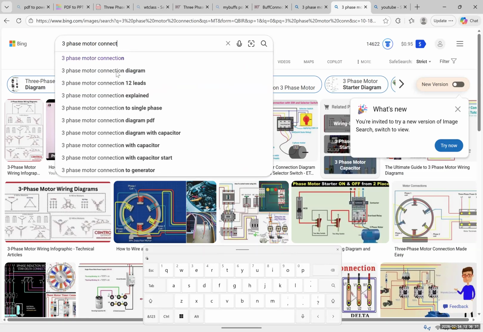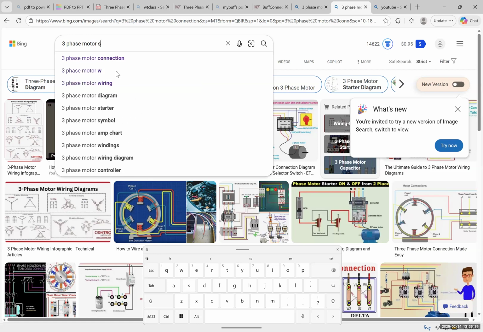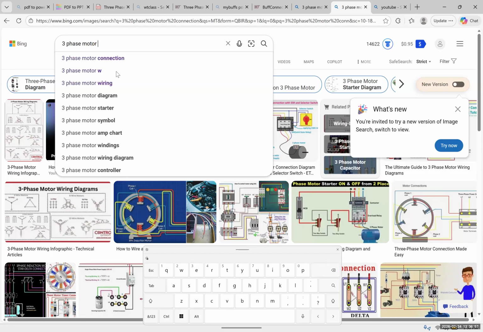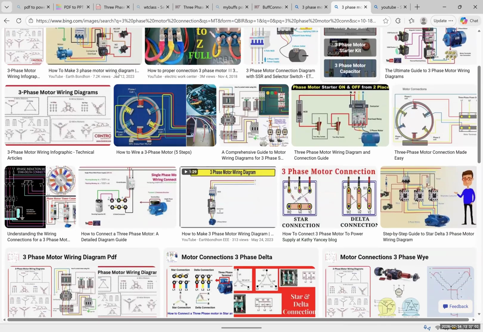I want to find a picture that shows it. Just give me a second. I'm looking for different pictures here.